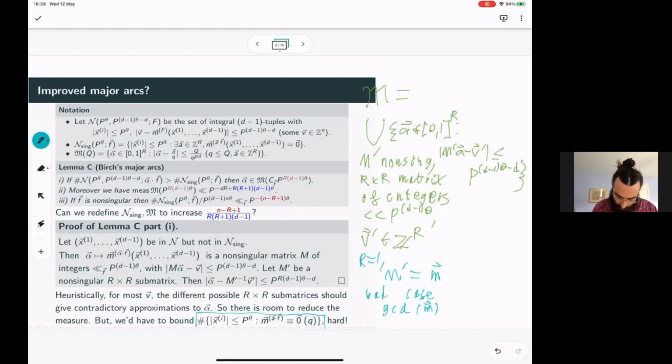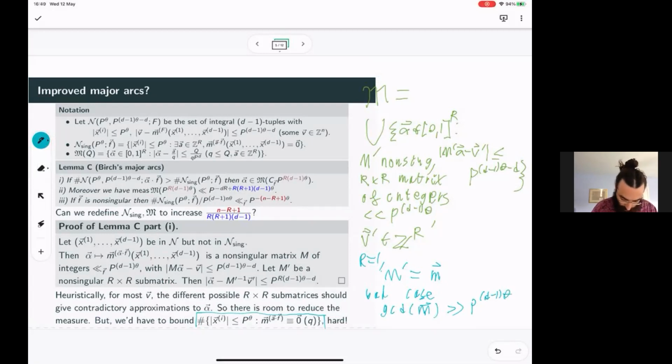In particular, one might think of perhaps the bad case as being when the GCD of all the elements of this vector is of size about p to the d minus 1 theta.